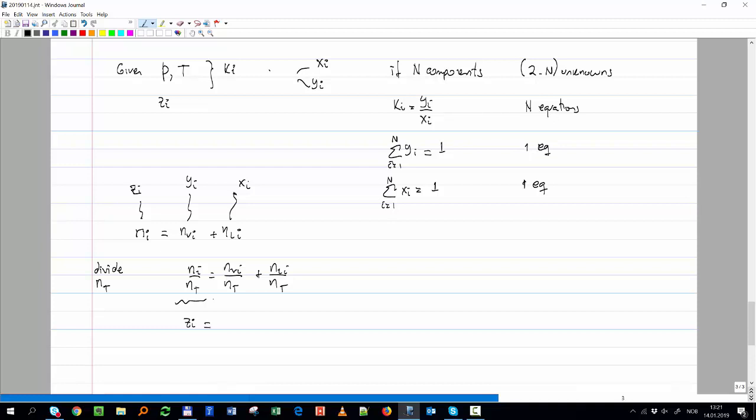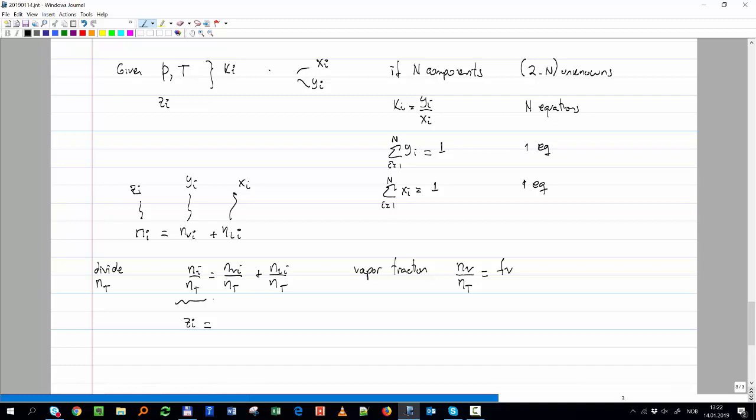So here I'm going to introduce a quantity that we discussed before. It's called the vapor fraction. The vapor fraction is the total number of moles of vapor divided by the total number of moles, and I denote it by Fv.